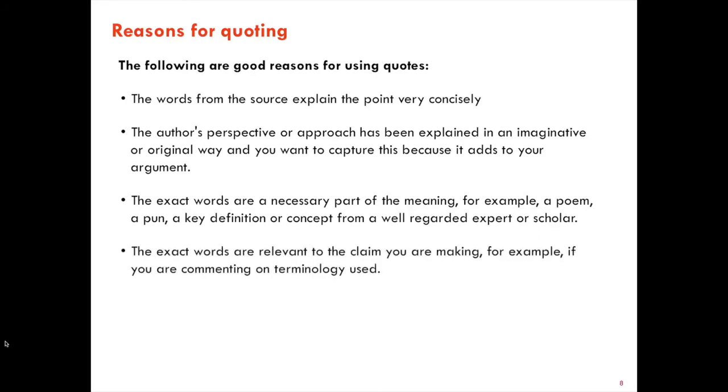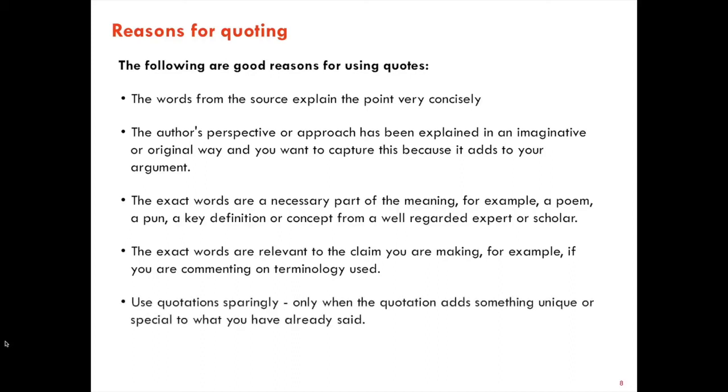It might be a line of poetry or a definition from a renowned expert or something you want to critique. In these cases, it might be better to quote so that your reader knows precisely what you're dealing with. Finally, most assignments can get very good grades without any quotations at all, so use them sparingly.